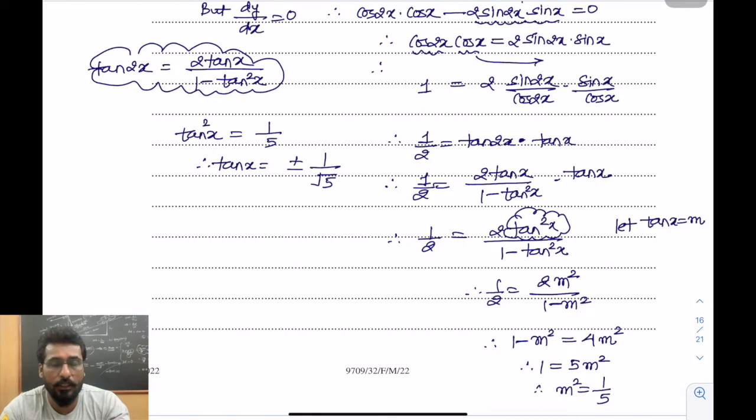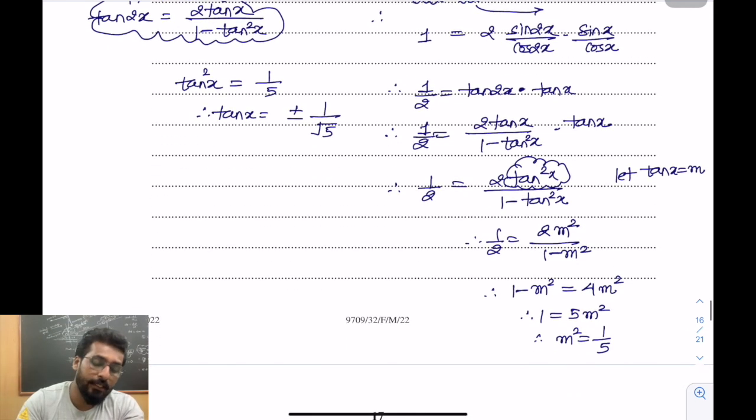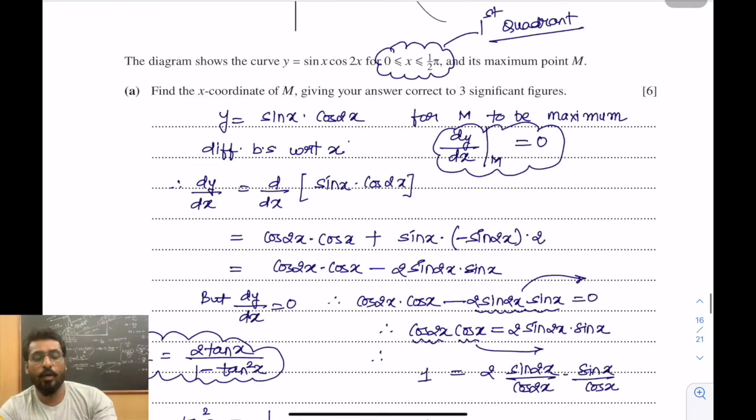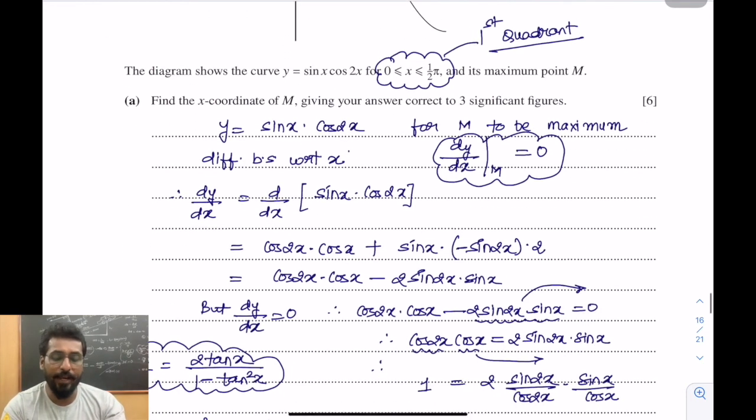Negative tan x is in the second quadrant, but x is lying in the first quadrant. So I can write here, but x lies in first quadrant, right? Therefore, tan x should be taken positive. So that's 1 upon root 5. Are we in the need of x?